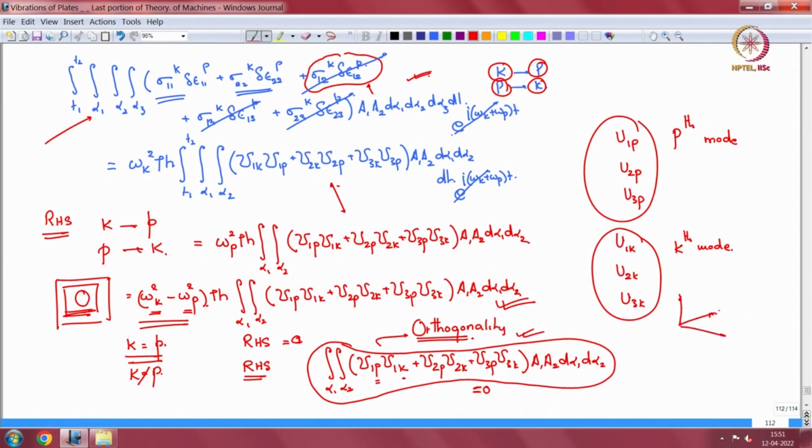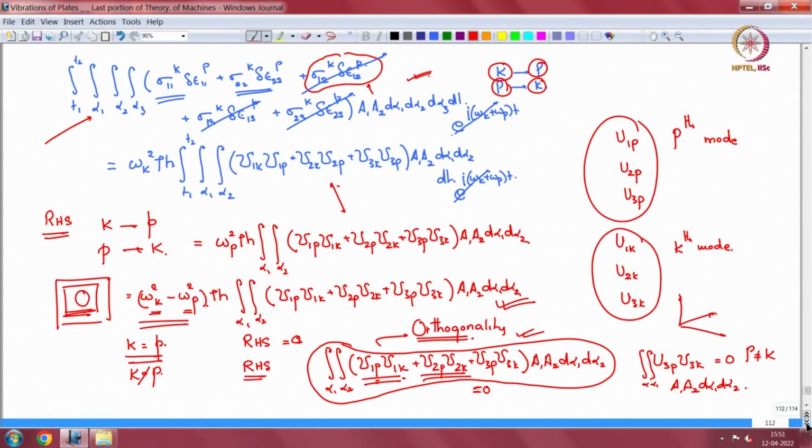In that case, the orthogonality purely becomes the integral of u3p u3k A1 A2 d alpha 1 d alpha 2 is 0, provided p is not equal to k, because the in plane motion is now decoupled because of infinite radii of curvature.